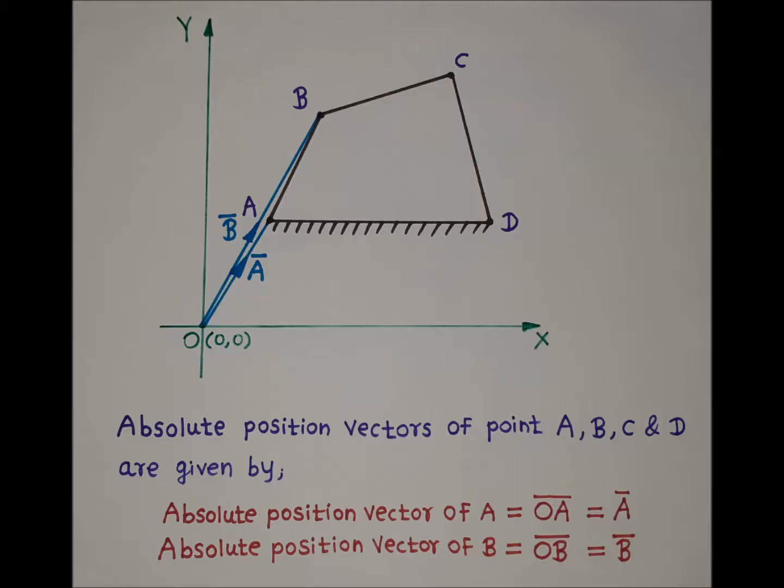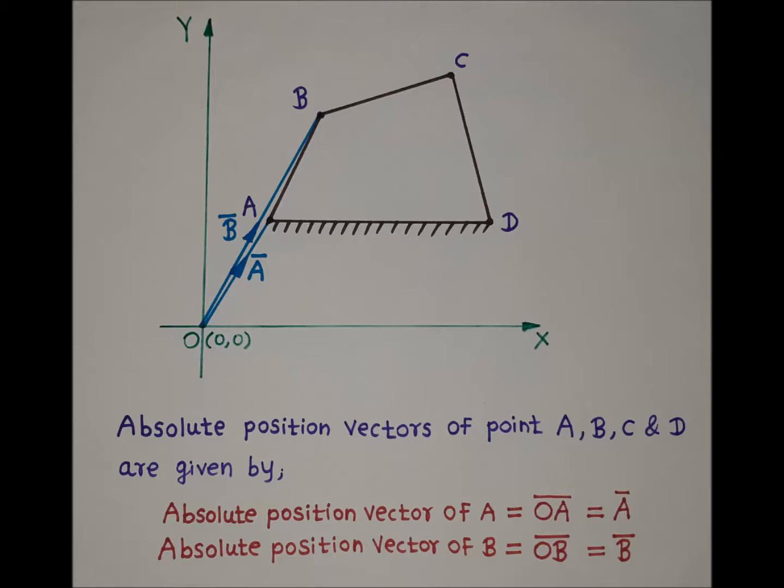On that line we will have an arrowhead, and that arrowhead should be pointed towards point B. So that vector will be the absolute position vector for point B. It will be OB bar, and instead of OB bar we can just write the notation B bar.